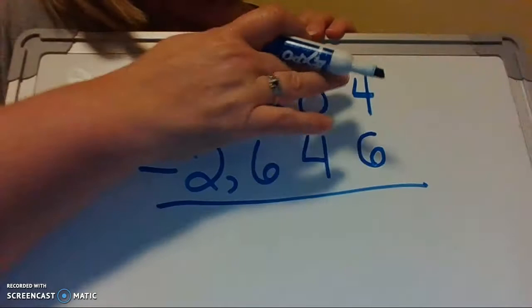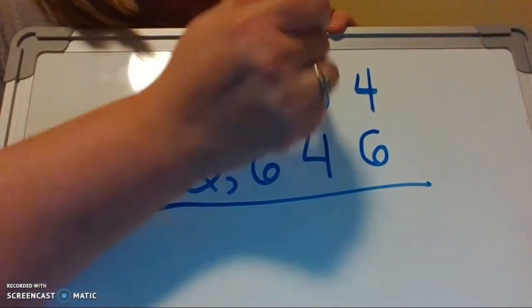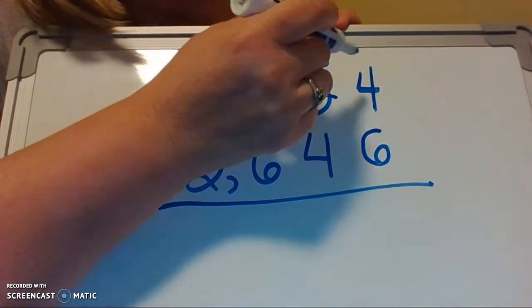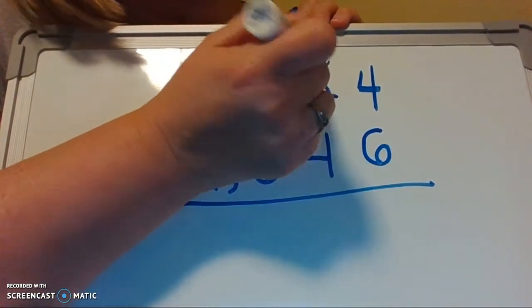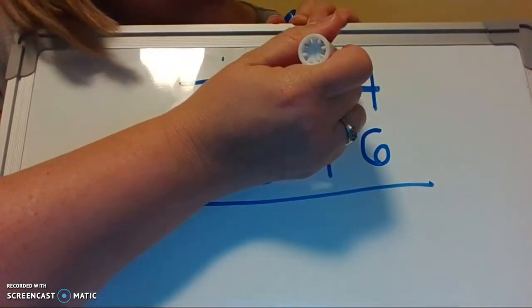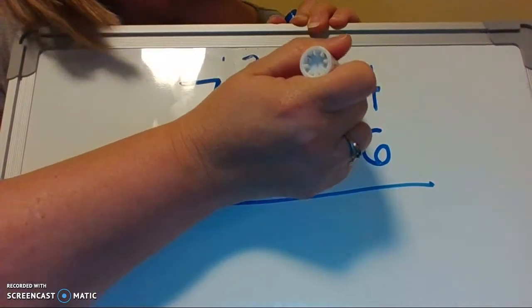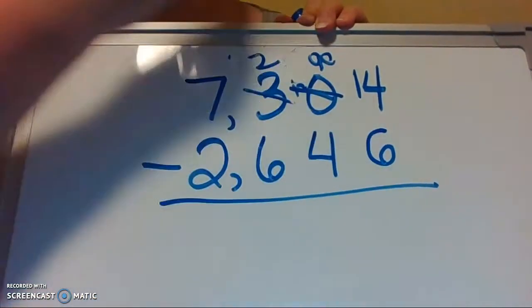Sorry, I feel like you can't see. Let me reset. So now this becomes a 90. I took my 100 away and made it into a 90. Now I can take the 10 and make it into a 14 because I borrowed a 10 over here. That's why it became 90.